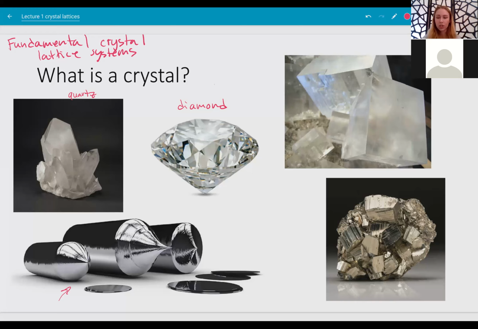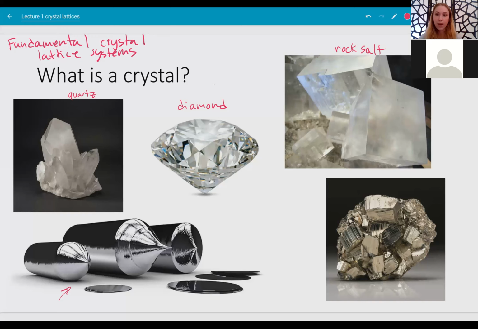But for now, I just want to describe the diversity of crystals that exist. The one over here is rock salt. This is the scientific name for table salt. And you can see that each of the little crystallites has a square shape, and this reflects the underlying cubic symmetry of the atomic arrangement in this material.